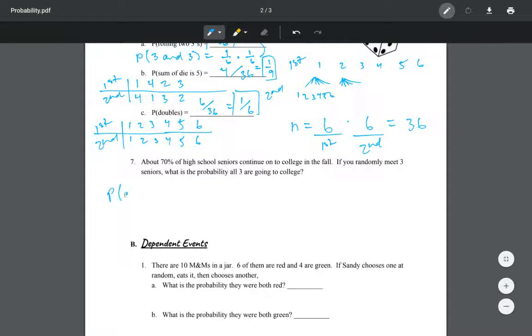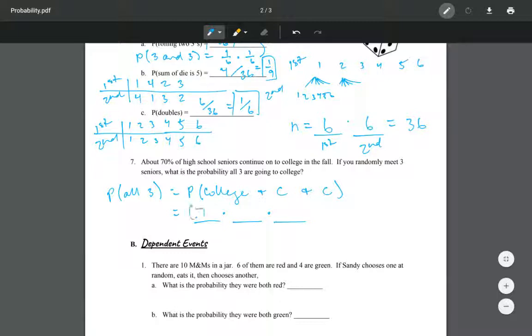So the probability that all 3 would be the probability of college and college and college. That "and" is my multiplication. So I've got the first person and the second person and the third person. They have the same probability. If I know that 70% of high school seniors continue on to college, that means one person at random has a 70% chance.